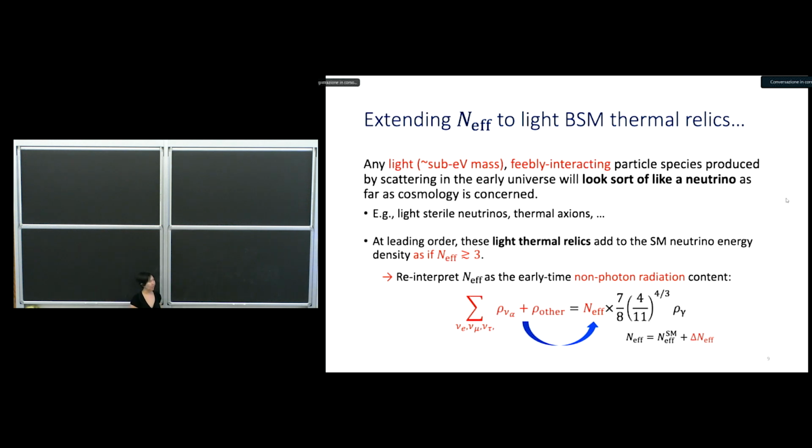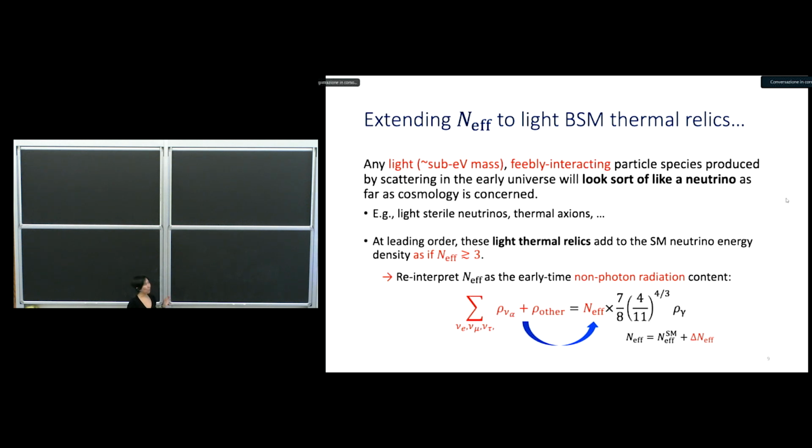And the reason why this is possible is that if you have a BSM theory, I don't know, axions, let's say, thermal axions, which is light, so light in the sense of being sub-electron volt in mass, and it's feebly interacting, and you manage to produce a whole lot of these things in the early universe by scattering. Then, as far as cosmology is concerned, this light relic will look exactly like a neutrino.